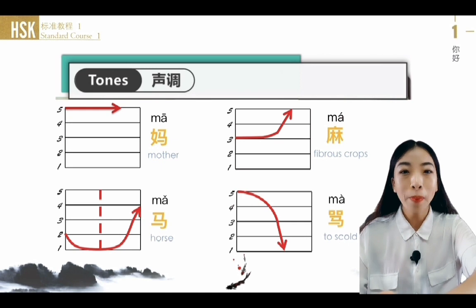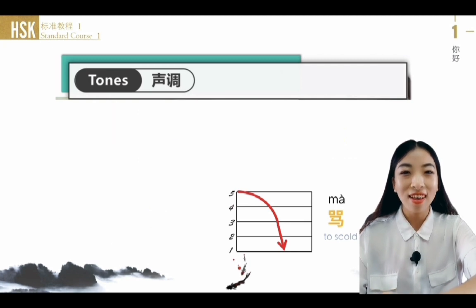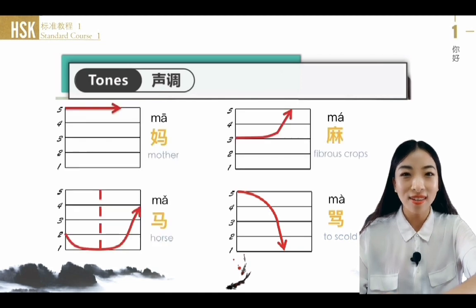Next, ma. Ma. Which one? The first tone, ma. Next, ma. Ma. Which one?